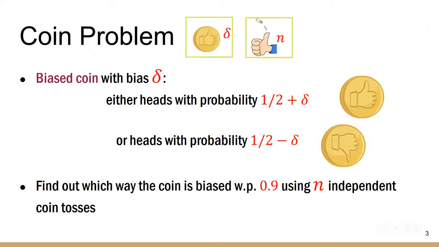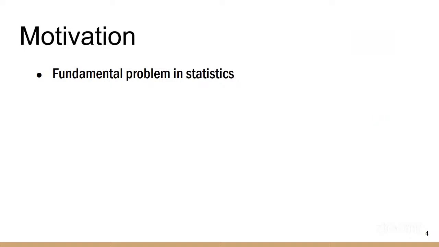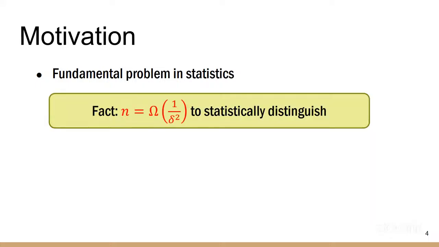This is a very fundamental problem in statistics, or in any measurement, in any estimation task where we want to figure out the mean or which way the coin is biased. And the fact is that you require 1 by delta square tosses to distinguish between these two cases, whether it is biased towards heads or biased towards tails.